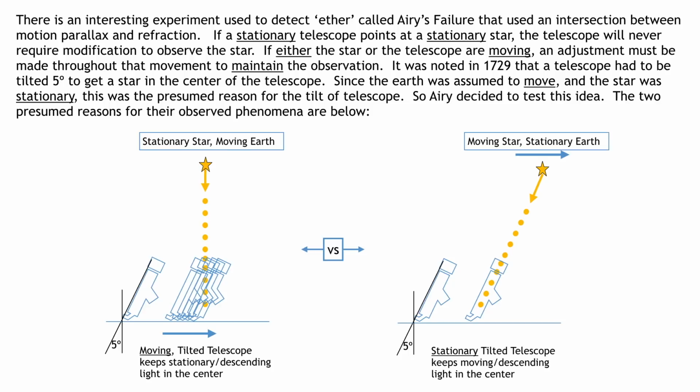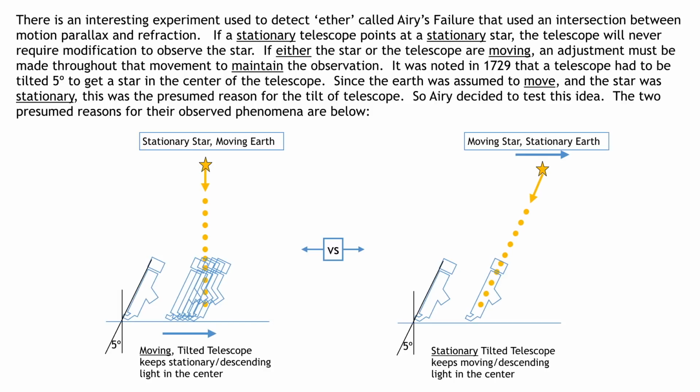In the second postulate, you have a moving star, and the Earth is stationary, and the star is moving such that you tilt your telescope so that you can see the descending light continue down the telescope in a straight line.